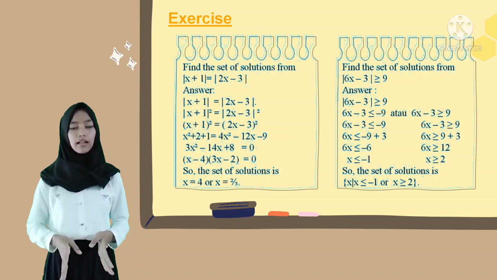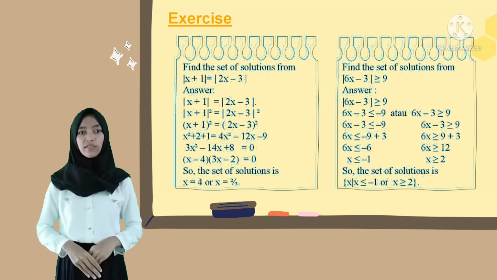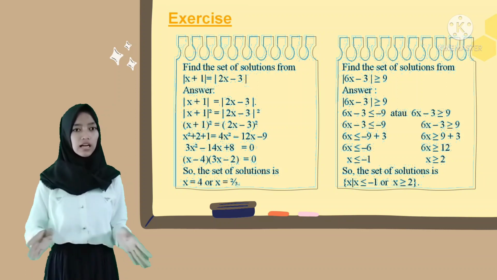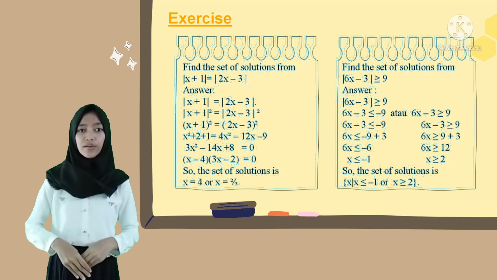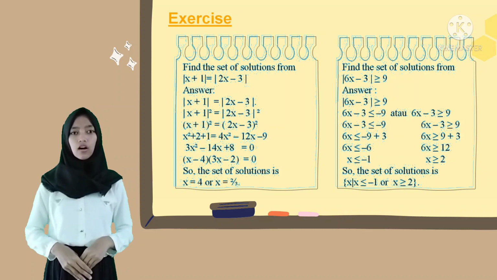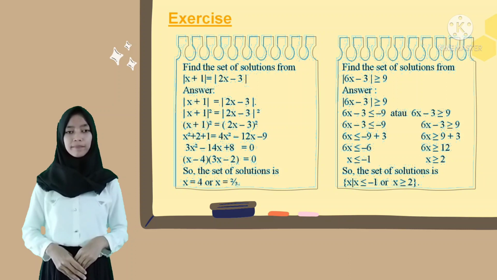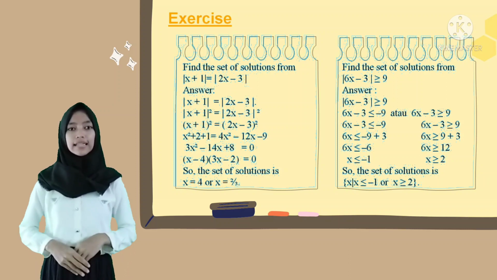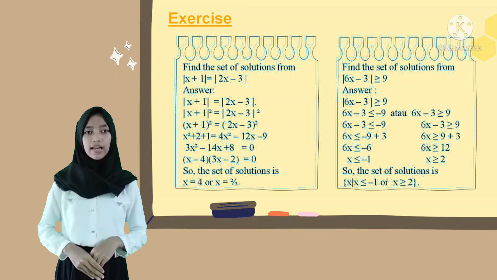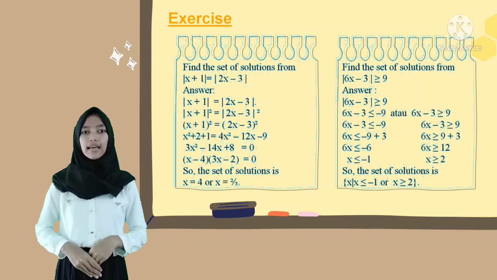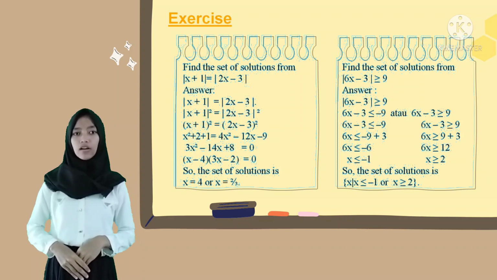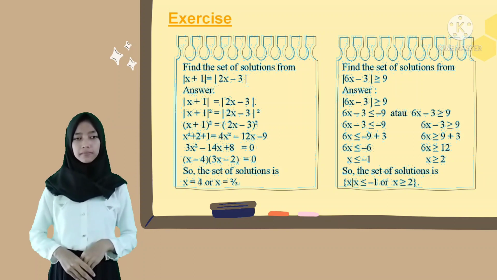The next example: find the solution set of the absolute value of 6x minus 3 greater than or equal to 9. The answer: the absolute value of 6x minus 3 is greater than or equal to 9. First, 6x minus 3 is less than or equal to minus 9, so that 6x is less than or equal to minus 6 and x is less than or equal to minus 1.